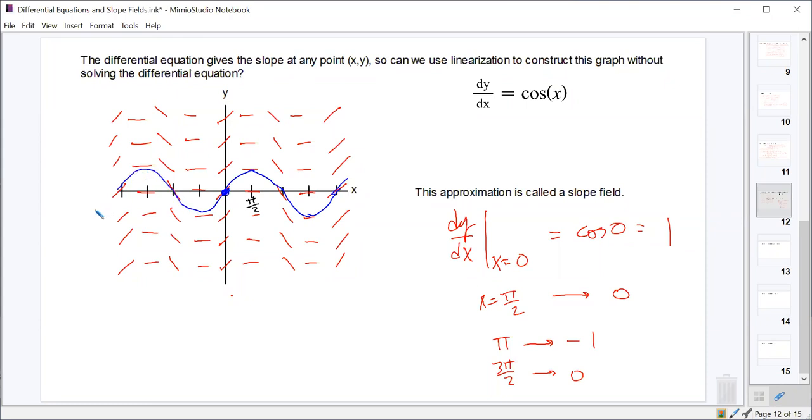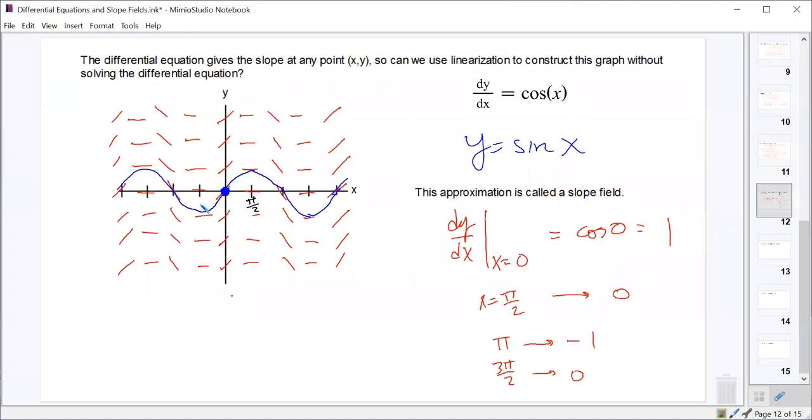And what does it look like? Hopefully it looks like a sine curve, right? Yeah. Because it should look like the solution to our differential equation, which is y equals sine x. And a sine curve has its midpoint right there at the origin. It goes up to a max at pi over 2 and down to a min at 3 pi over 2, or at negative pi over 2.